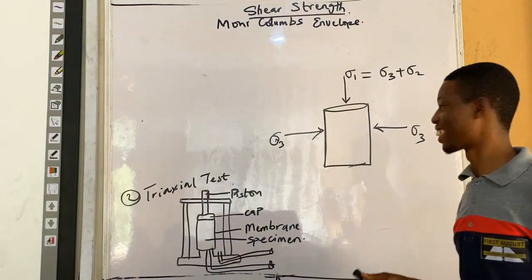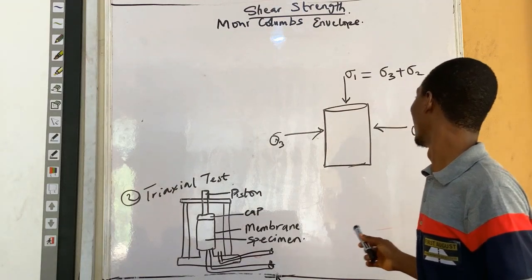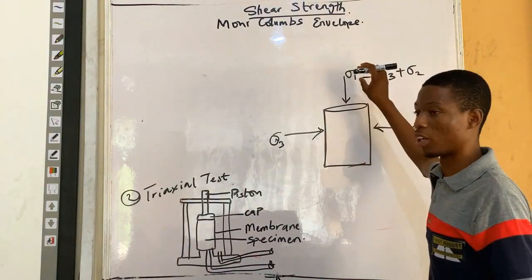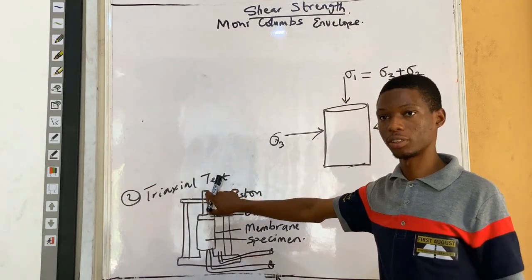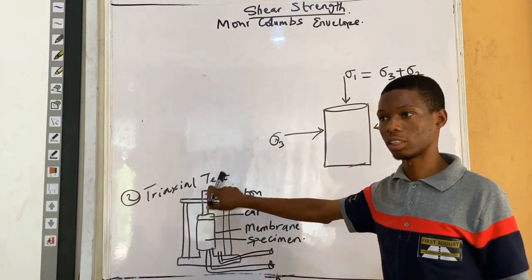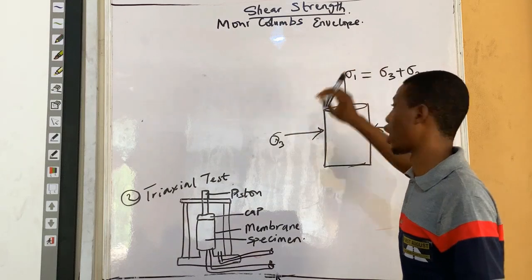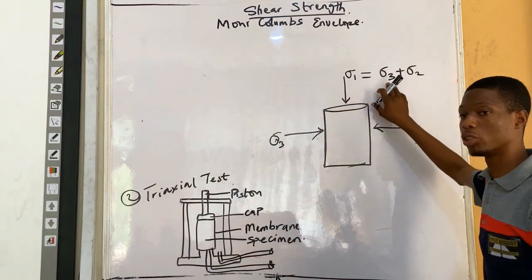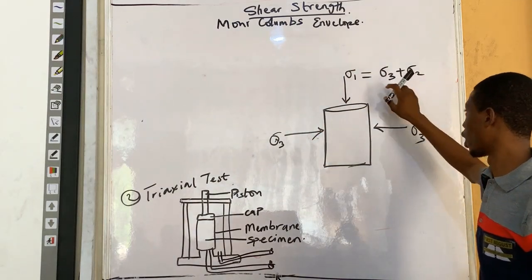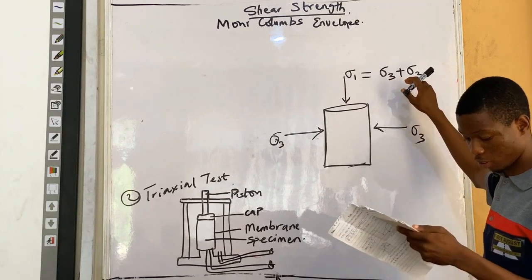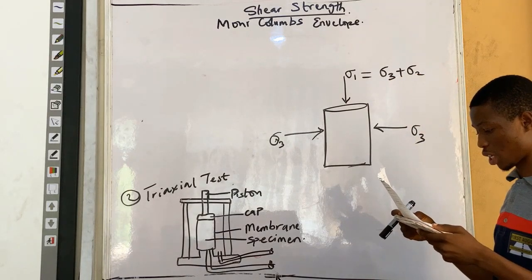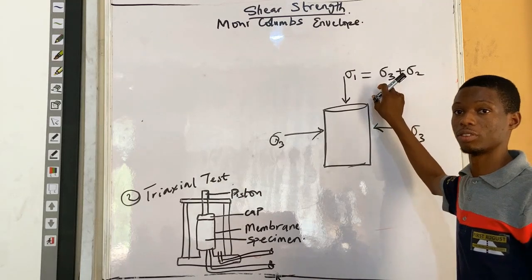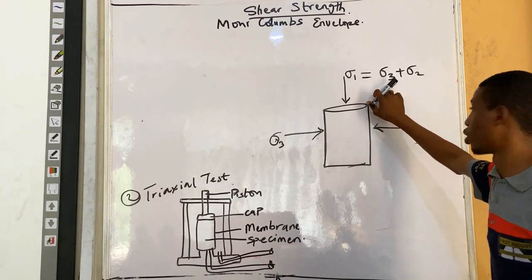Okay. So sigma 1 is the applied loading on this piston. That's the normal stress. And the normal stress is a combination of the deviator and the cell pressure.